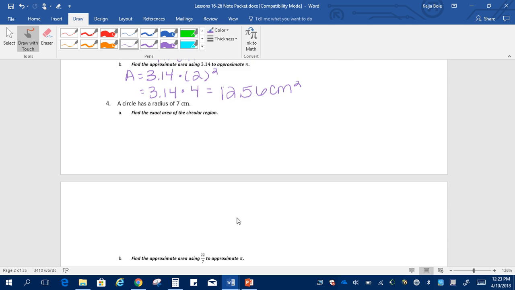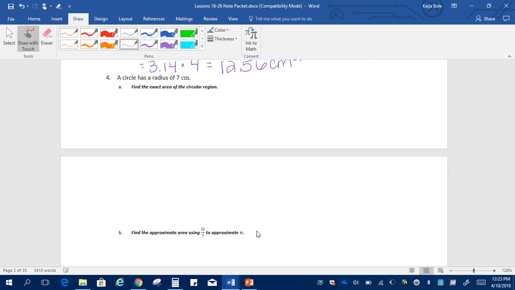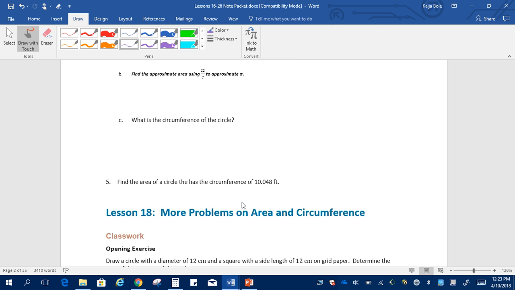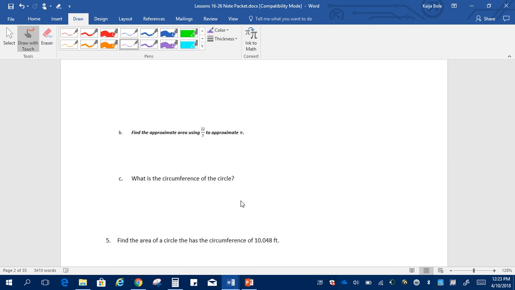Looking at the next one here, a circle has a radius of 4 centimeters. Find the exact area of the region. So we leave it in terms of pi. So it'd be A equals pi times 7 squared. So our answer would just be 49 pi centimeters squared. Alright. And then for part B, it asks us to use 22/7 to approximate pi.